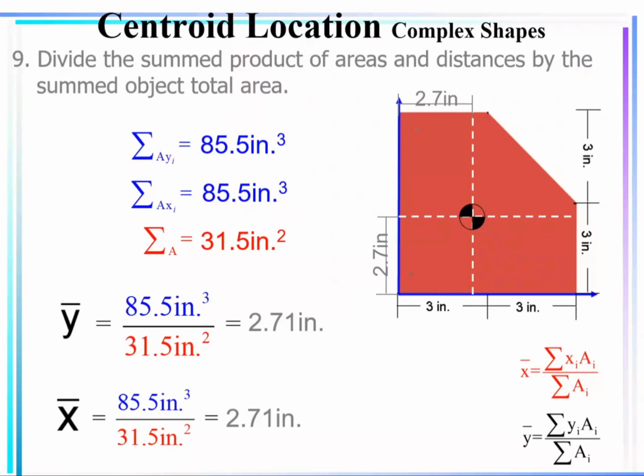Now to find the centroid of a complex shape, remember you divide it into known shapes like triangles, squares, rectangles, circles. So you find the centroid of each individual shape, and then you use this formula to find the x, and this formula to find the y distance from the reference. So that will give you the centroid. Okay. Is that clear to everyone? Anything not clear yet?